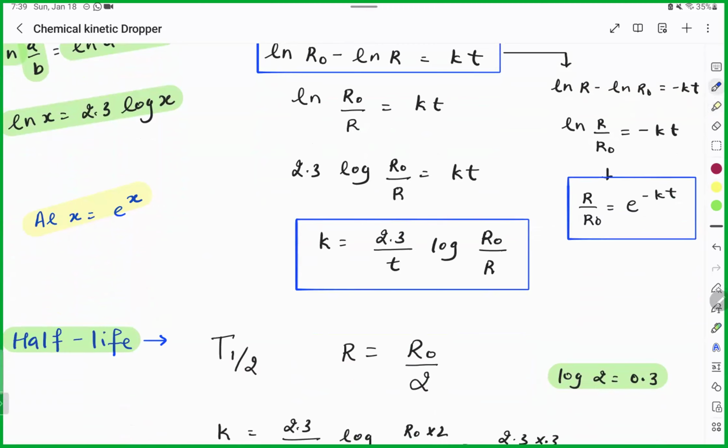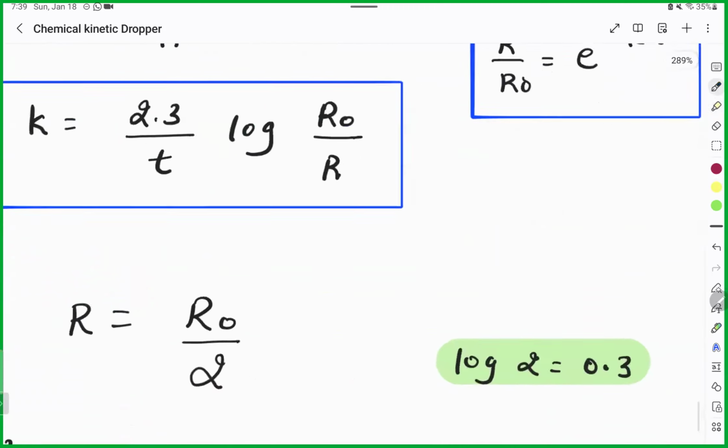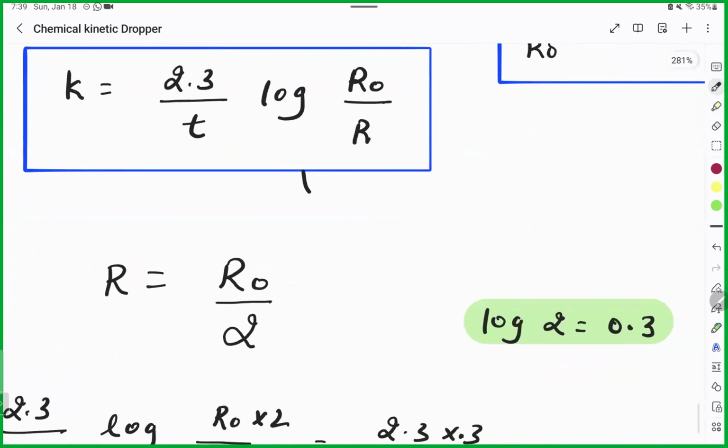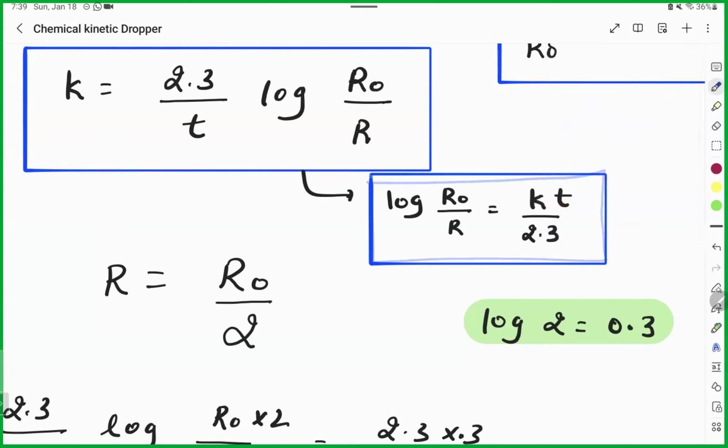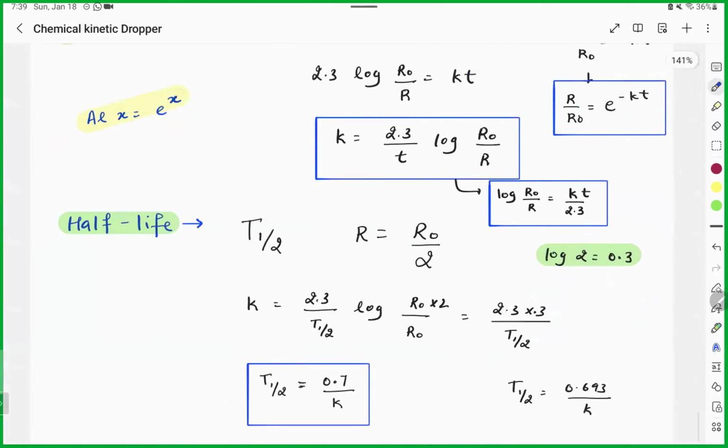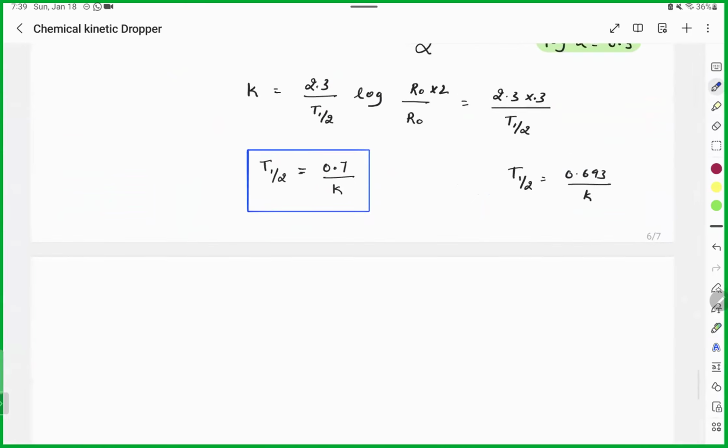So, can you tell using this equation, log R naught by R will be equal to KT divided by 2.303. Any doubt, guys? So, using this equation, log R naught by R and KT, you can draw a graph also.